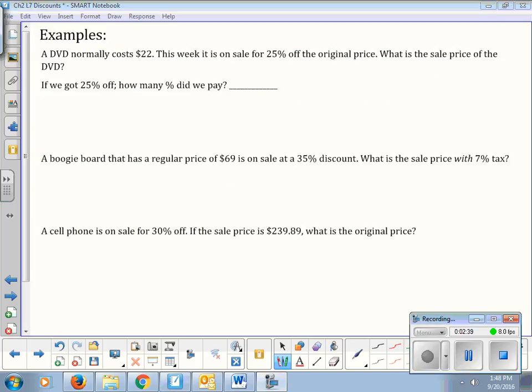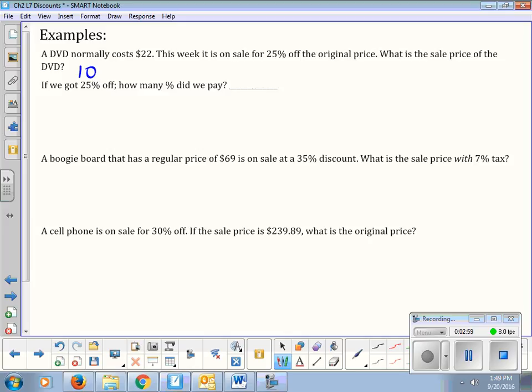Okay, for our first example, a DVD normally costs $22. This week it's on sale for 25% off of the original price. We want to figure out what the sale price of the DVD is. If we're getting 25% off, what percent are we paying?